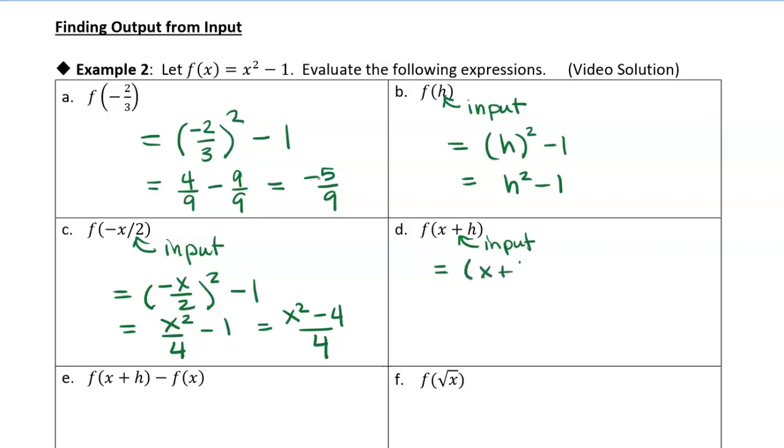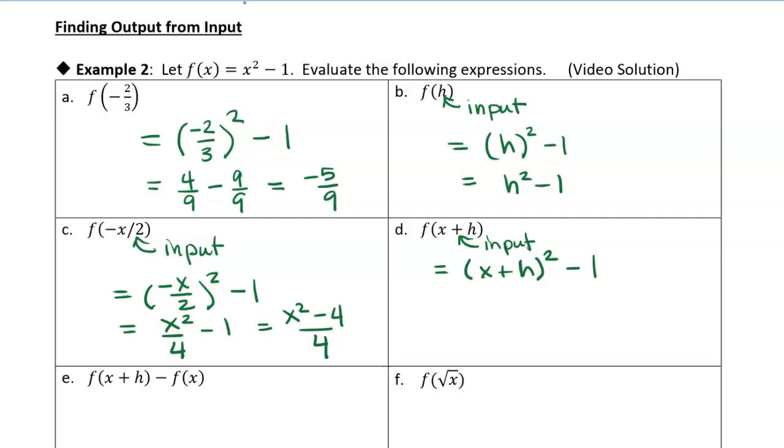All right, so I'm going to take x plus h, put it in parentheses. Had a little glitch with the computer there. So I'm going to take my input and replace x with that input, but put it in parentheses. So I'm taking x plus h and replacing x, and then I need to take that minus 1.